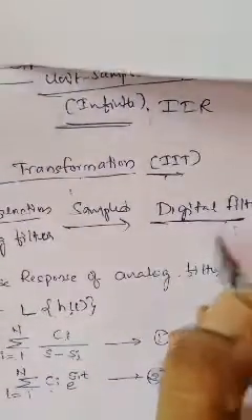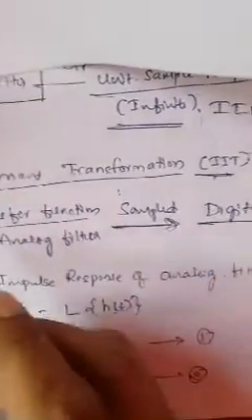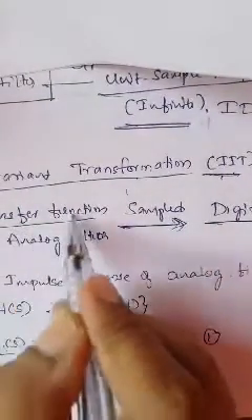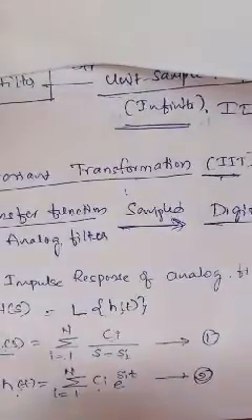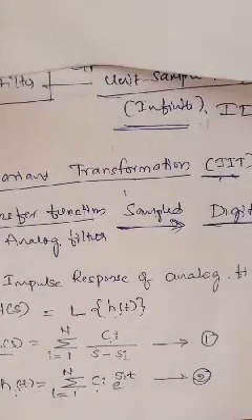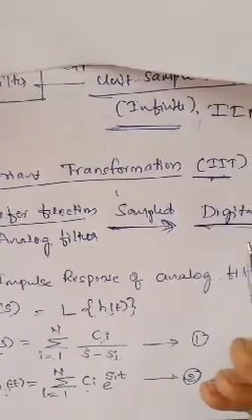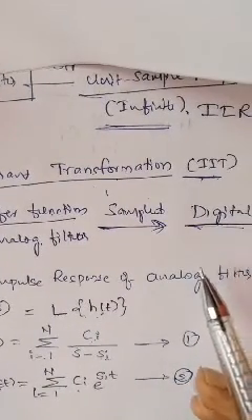It is the sampled version of the transfer function of the analog filter. The main idea behind this technique is to preserve the frequency response characteristics of the analog filter.